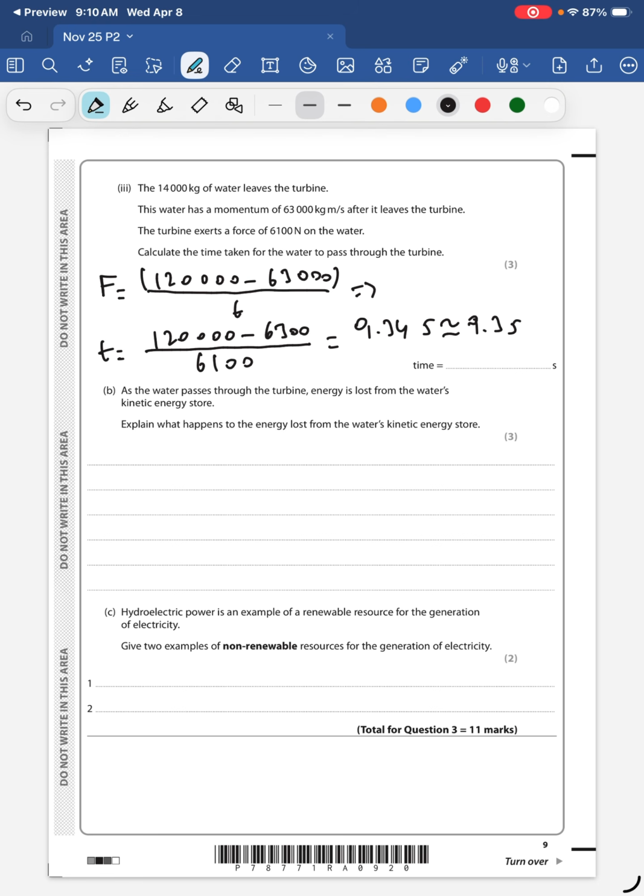As the water passes through the turbine, energy is lost from the water's kinetic energy store. Explain what happens to the energy lost from the water's kinetic energy store. So energy is transferred from the moving water to the turbine.